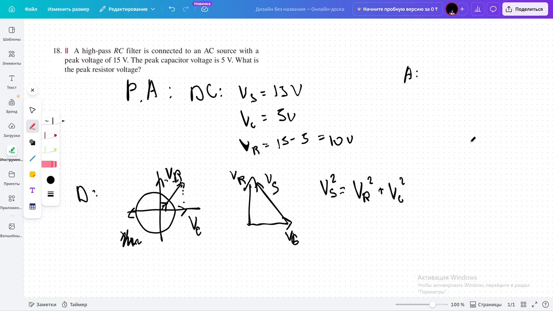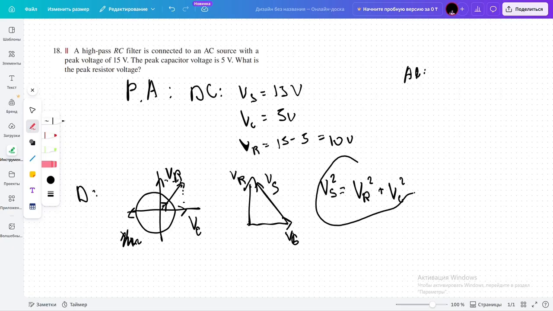So let me go to the algorithm part. Just solve this problem.